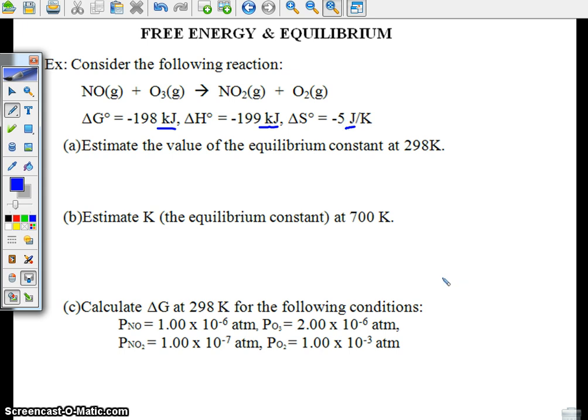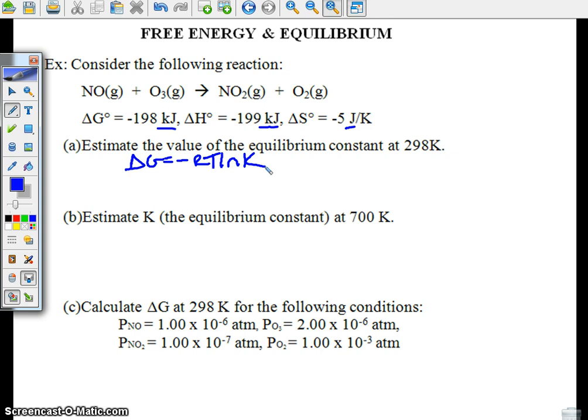Part A says estimate the value of the equilibrium constant. Well, what's the only equation we have so far that has the equilibrium constant in it? The one we just did, right? The only one we have with the equilibrium constant in it is delta G equals negative RT ln K.